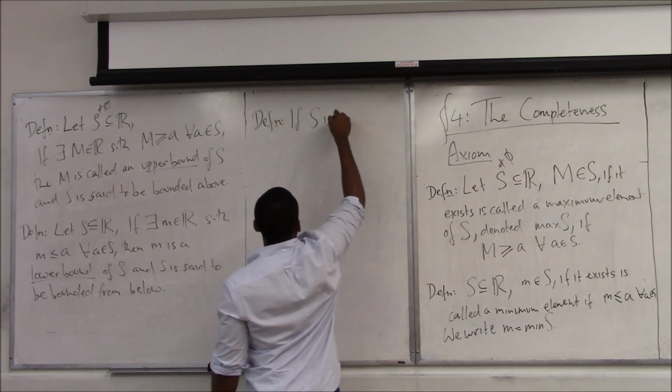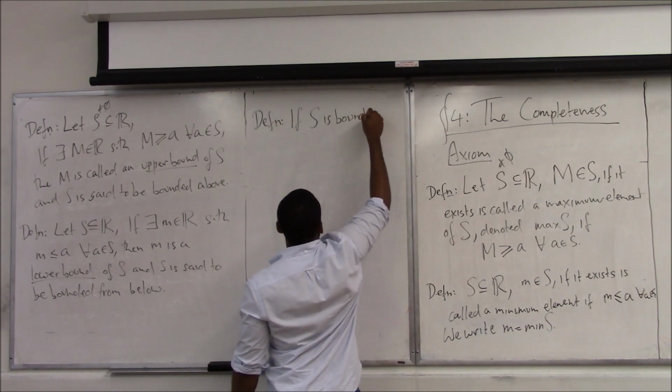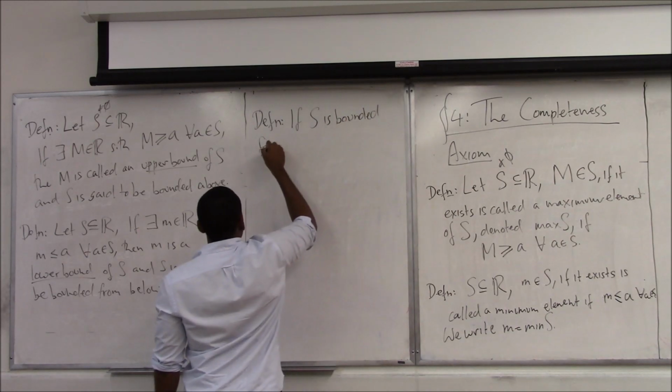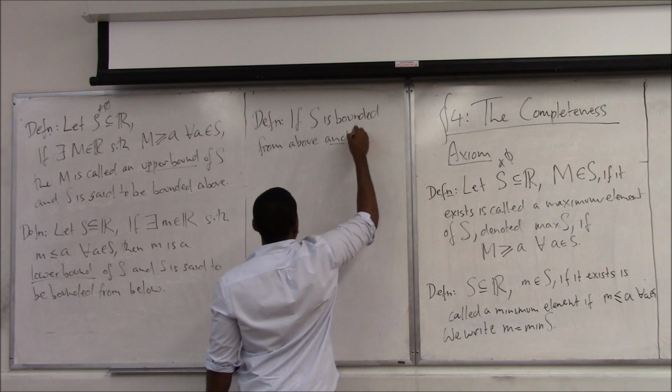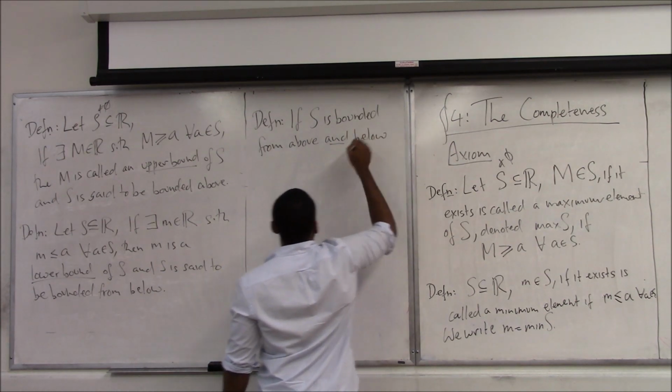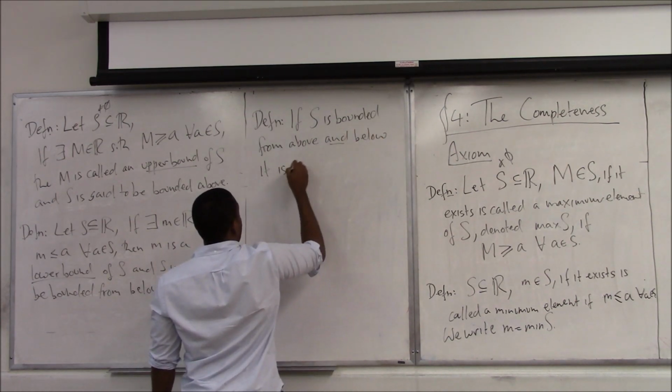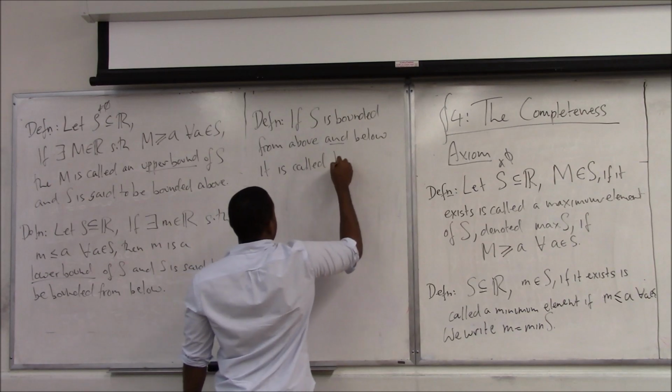If S is bounded from above and below, it is called bounded.